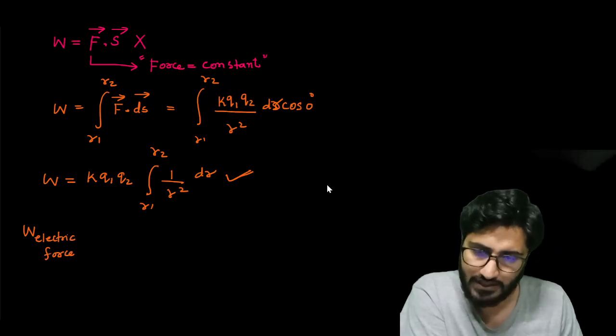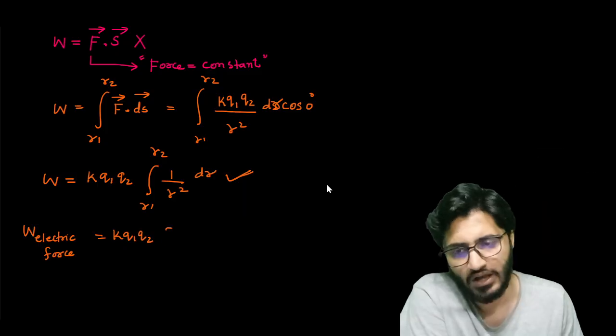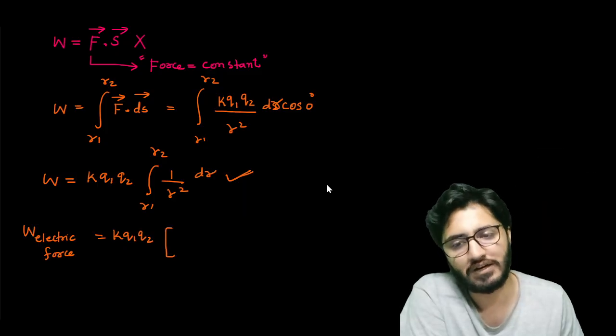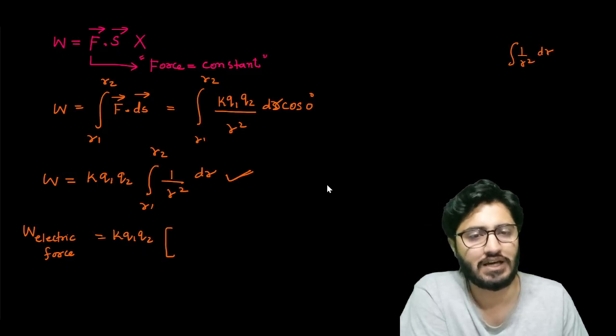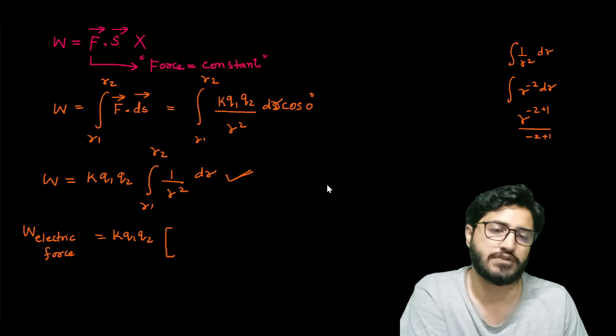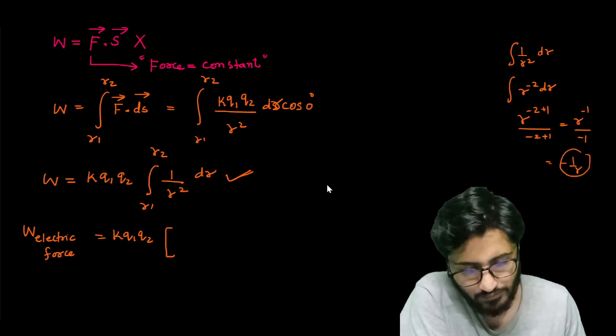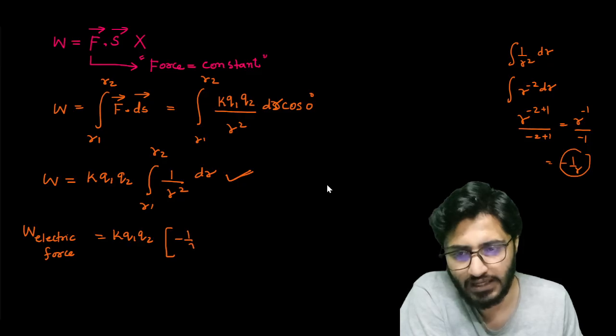It came out to be K Q1 Q2 times the integration of 1 by r square with respect to dr. I can write it as the integration of r to the power minus 2 with respect to dr. So that is r to the power minus 2 plus 1 divided by minus 2 plus 1, which came out to be r to the power minus 1 divided by minus 1, which equals minus 1 by r.